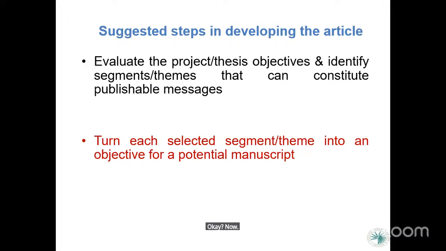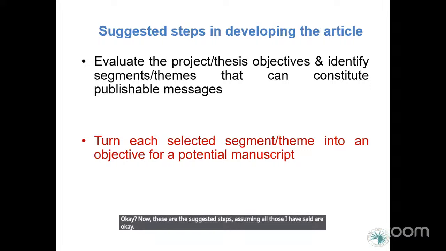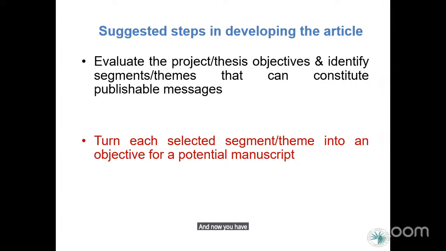Now, these are the suggested steps, assuming all I have said is okay. You have the illustrations, the data, and now you want to write a paper. First of all, you can use the objective or one of the objectives in the project or thesis to identify what we are calling segments here.